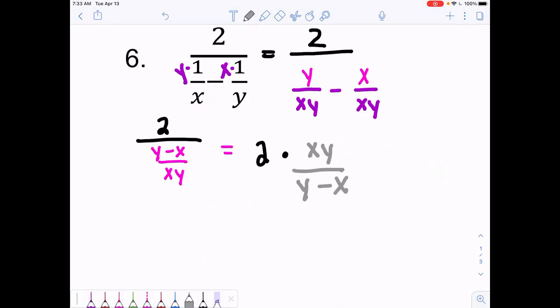Division is really multiplying by the reciprocal of whatever follows the division sign. In this case, it's whatever's underneath. And then again, if you want to look at that 2 as being a 2 over 1, just so you see a fraction times a fraction, this would then make 2xy over y minus x.